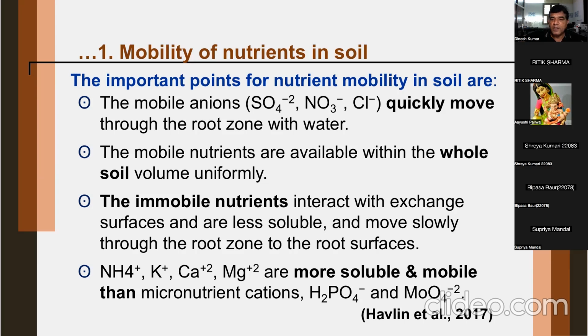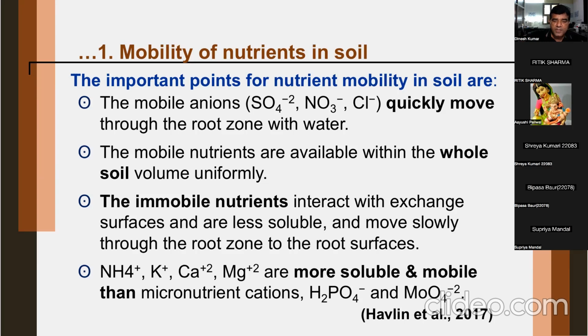The mobile nutrients are available uniformly within the whole soil volume because they move from one place to another, and their concentration gradient is harmonized, meaning they will have almost uniform concentration throughout the plow layer. The immobile nutrients interact with exchange surfaces, are less soluble, and move slowly through the root zone to the root surfaces, like phosphorus and potassium.